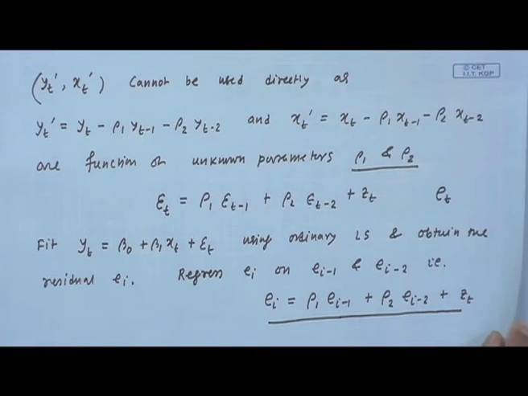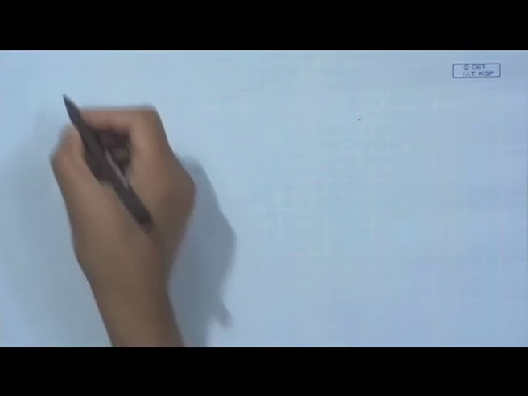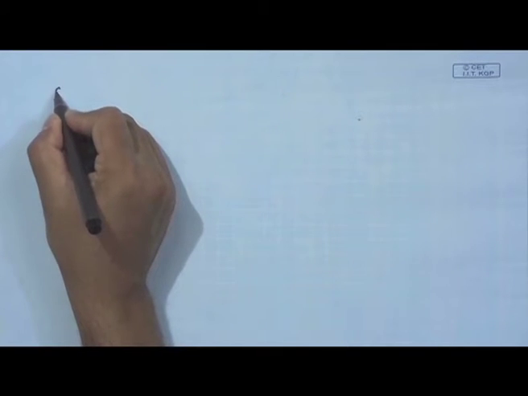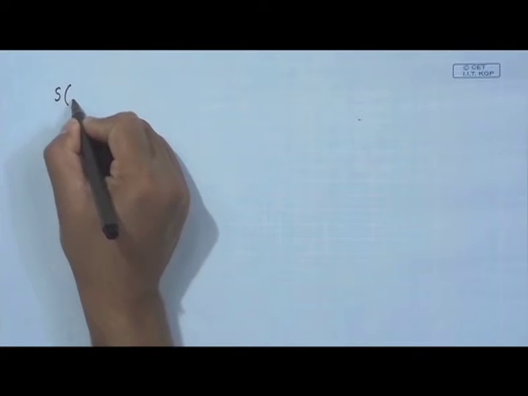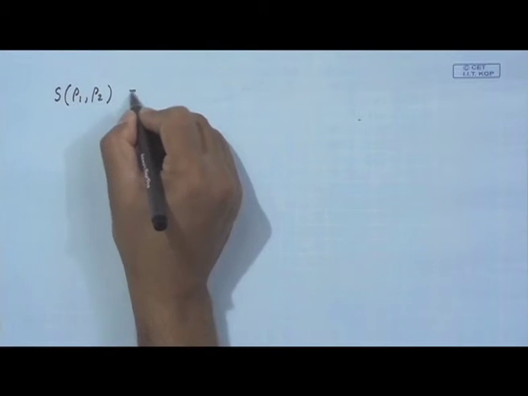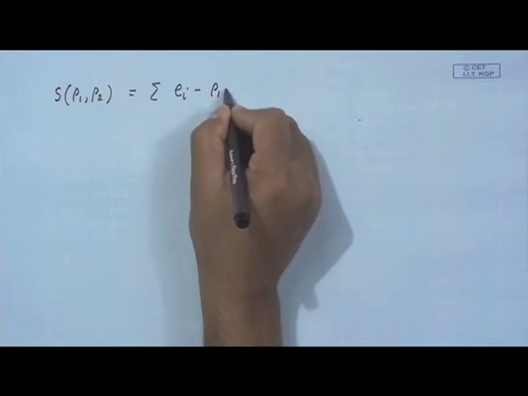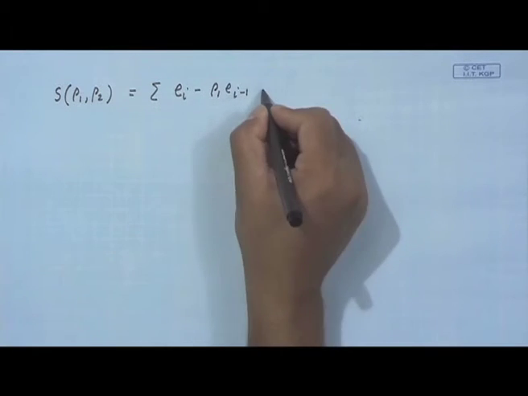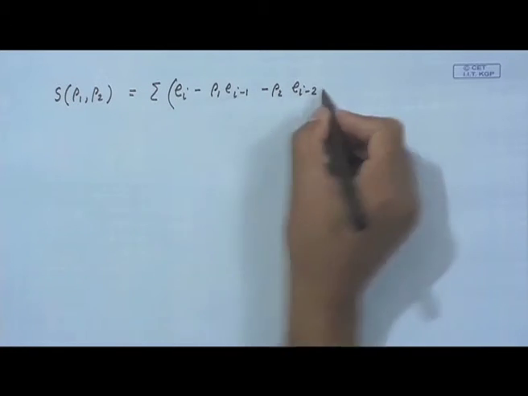So, how do you estimate the parameters rho 1 and rho 2? You compute the least square function S of rho 1, rho 2, which is equal to the sum of squares of e i minus rho 1 e i minus 1 minus rho 2 e i minus 2, and you minimize this.